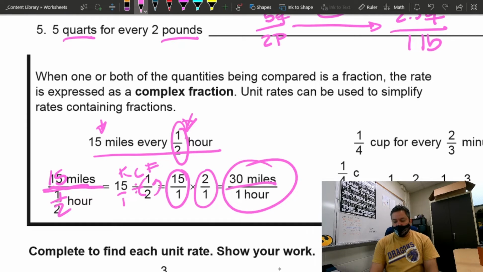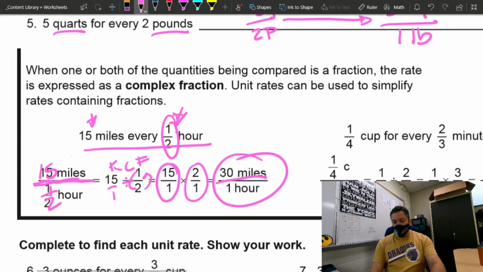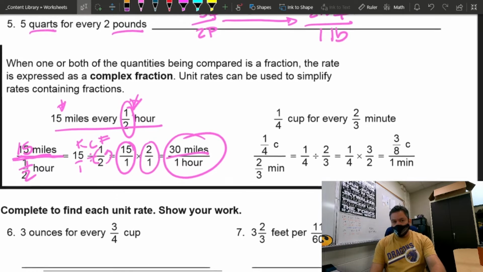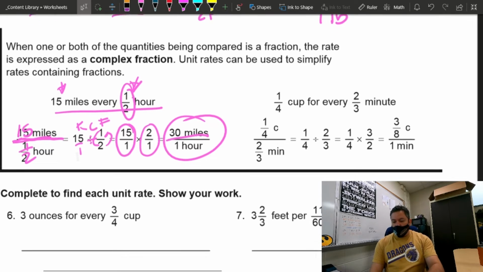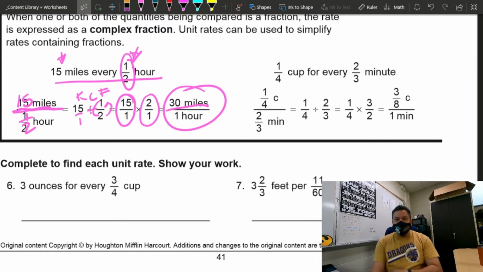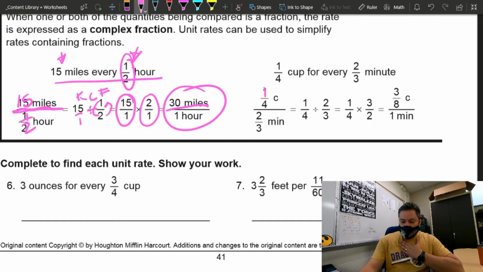Very simple. Now it gets a little more complicated when both of them are fractions, right? So for example, a quarter of a cup every 2/3 of a minute. You want to know how many cups every minute. So we have 1/4 of a cup every 2/3 of a minute.